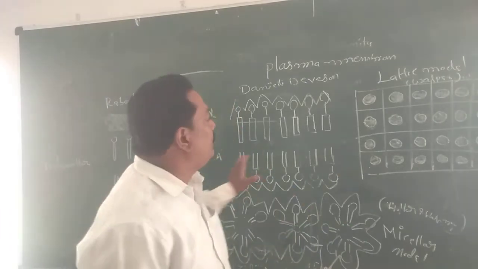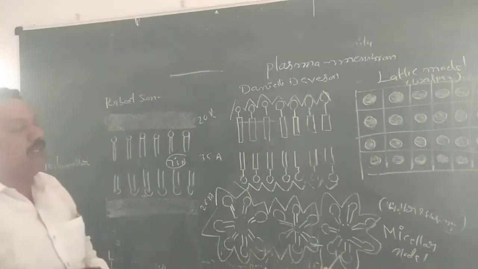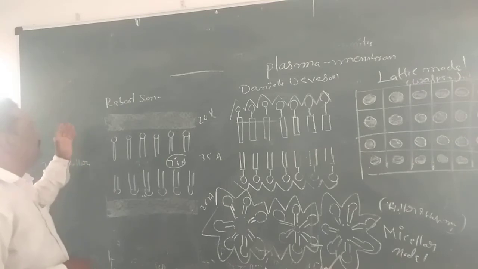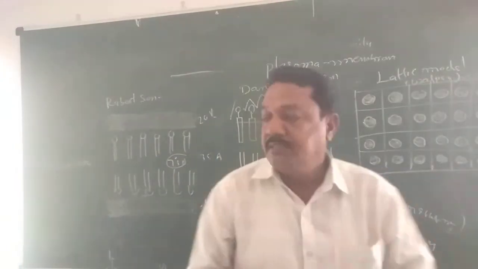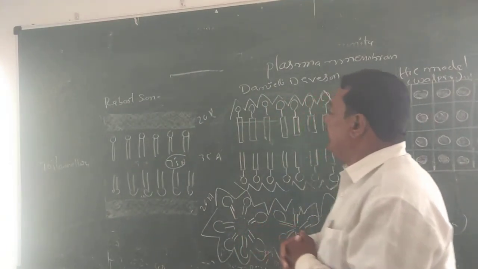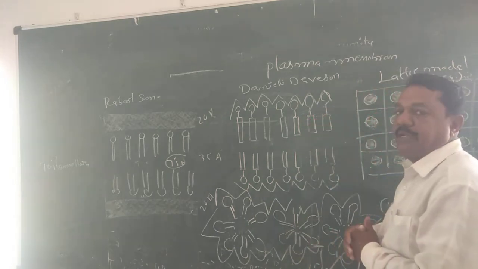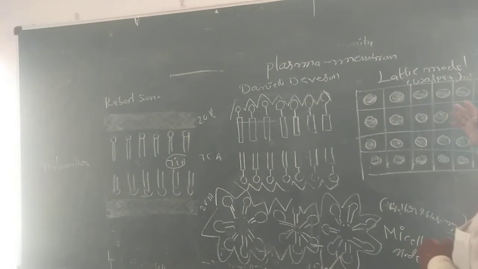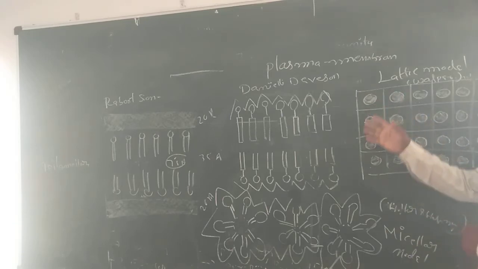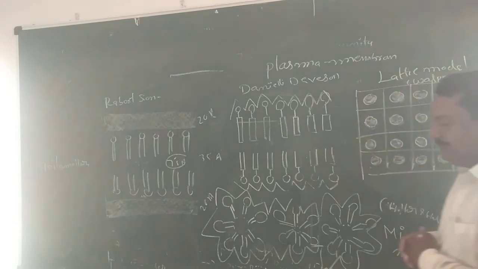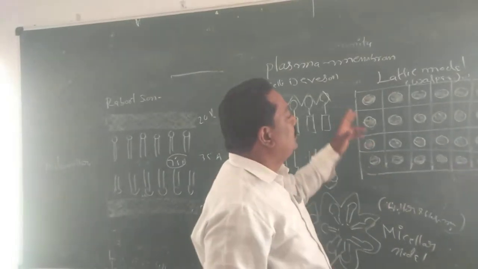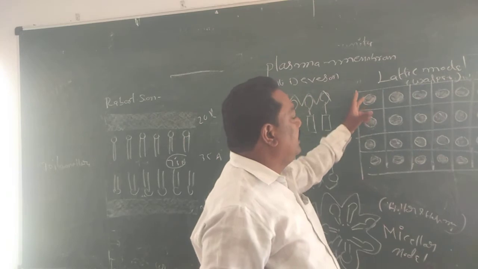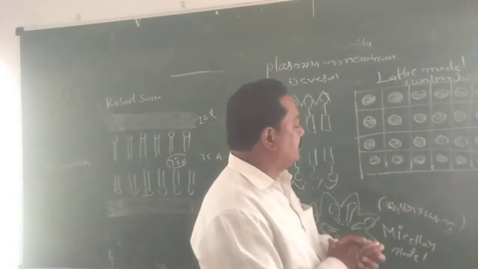So like that, four important theories are put forward in different ways. The first one is Robertson's trilaminar theory. According to the trilaminar theory, the plasma membrane is made by three layers. According to the bilaminar theory, it is made by two layers. According to the lattice model theory, the plasma membrane is not made by layers; it looks like a mesh-like framework. The proteins make a mesh-like framework, and inside it the lipid molecules are distributed.